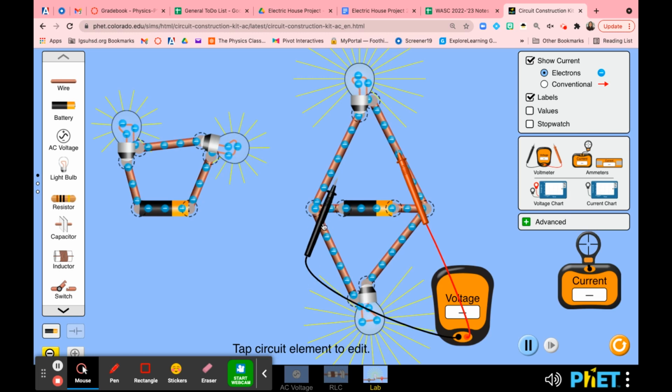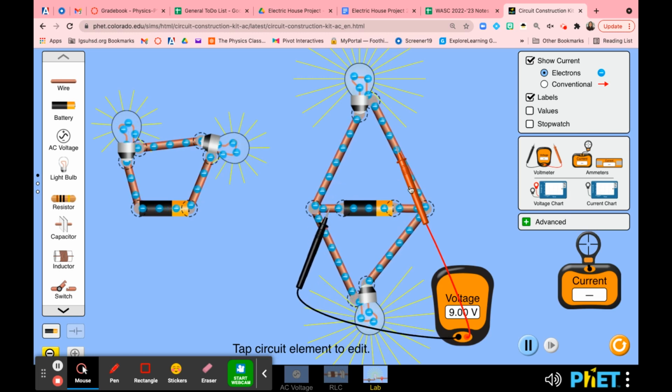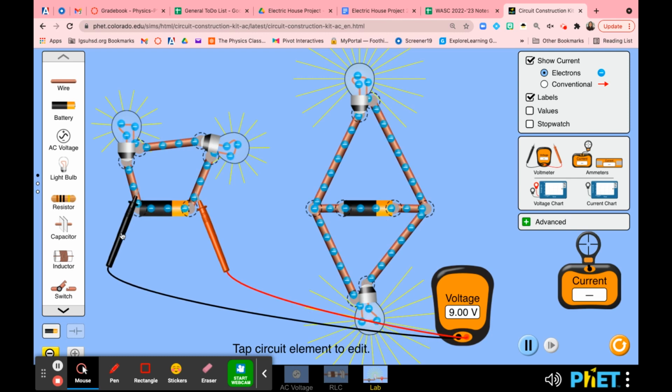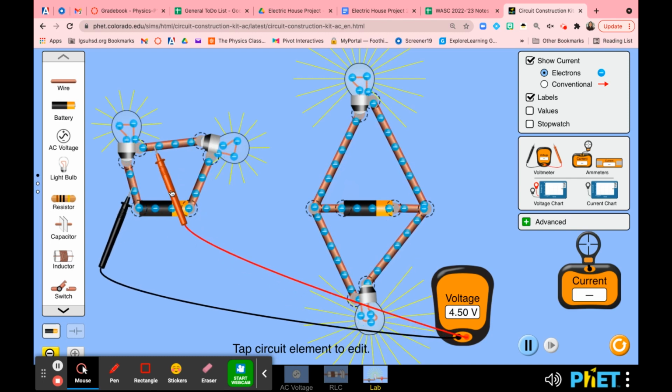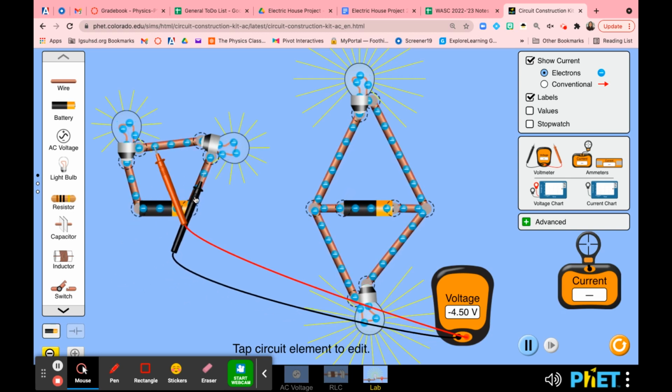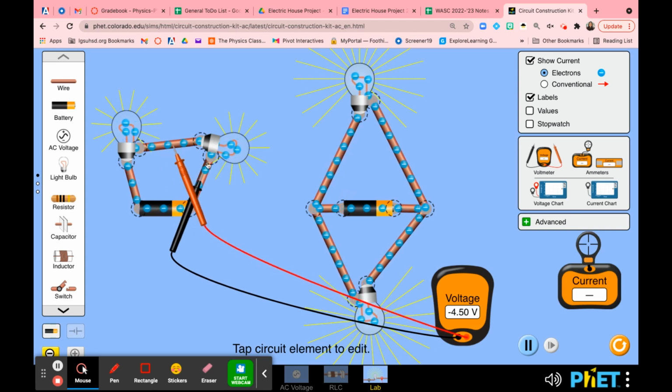You can also test the voltage across a battery, which would be the total voltage of that battery, and this is a 9-volt battery. And same here. You would do the voltage of the battery because they're the same battery, it's 9 volts, and then you do the voltage across one resistor and the voltage across another resistor. So that would be the voltage of the wires on opposite sides of your light bulb.